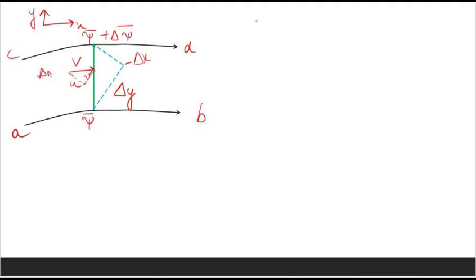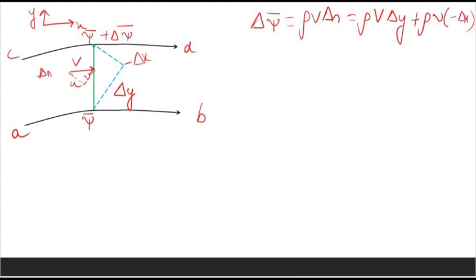Total mass flow gives me that. So can I write total mass flow is nothing but my delta psi bar, which is given by rho v delta n. So how can I write rho v delta n now? Rho v delta y plus rho v into minus delta x. Correct? Let us say this is our equation 7.